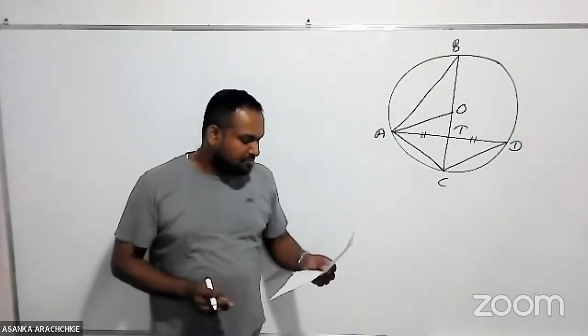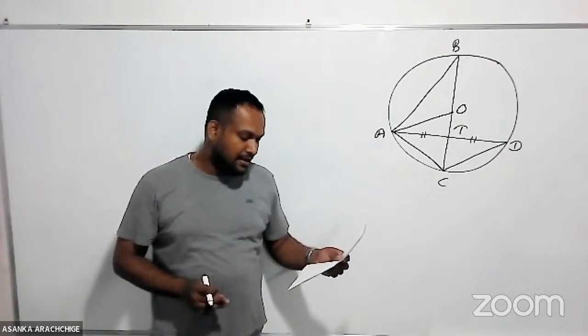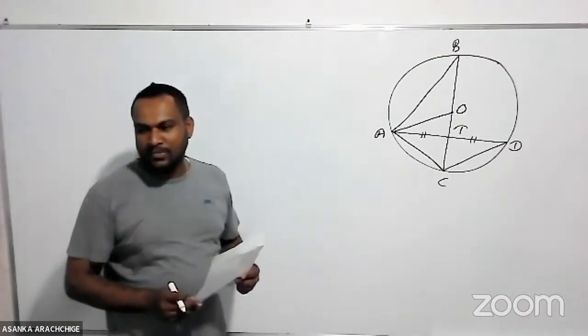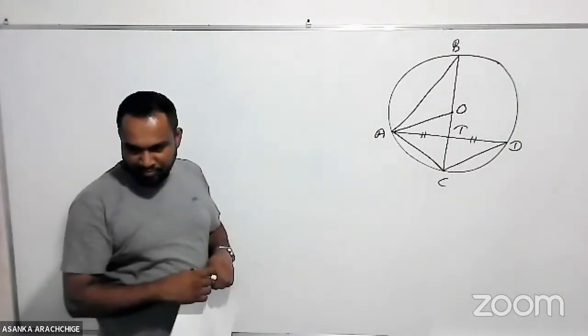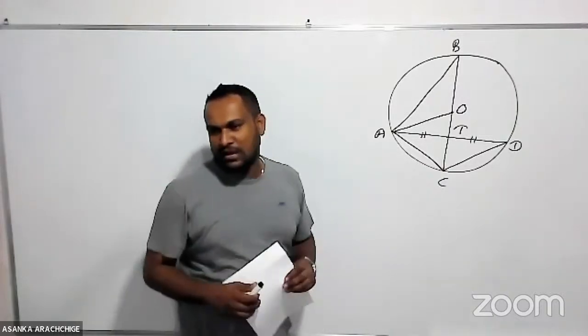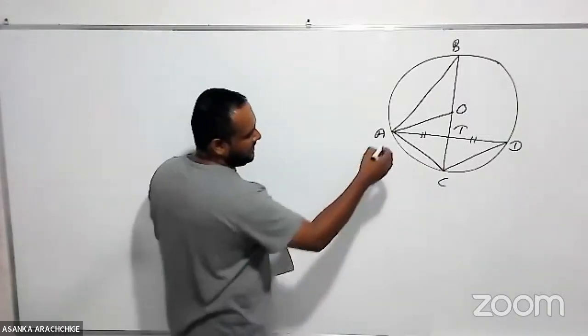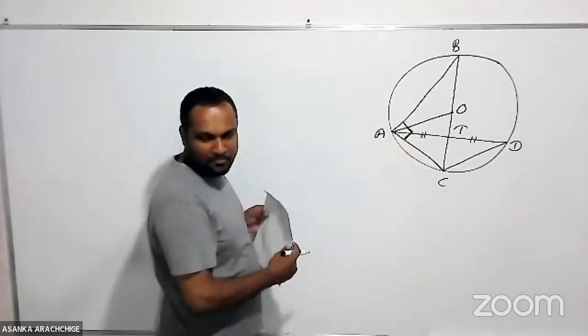According to the given data, name a right angle and give reason for it. There are two right angles actually in the diagram. One right angle is this. Why?